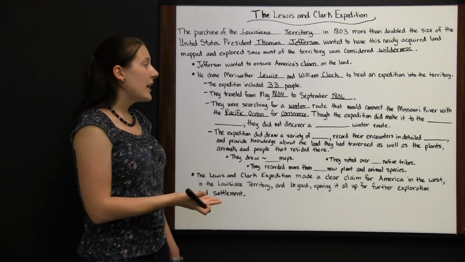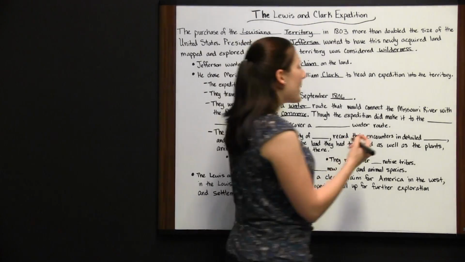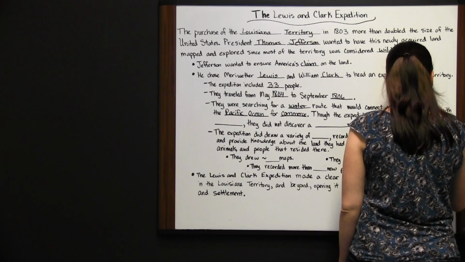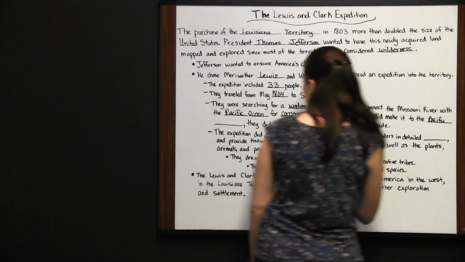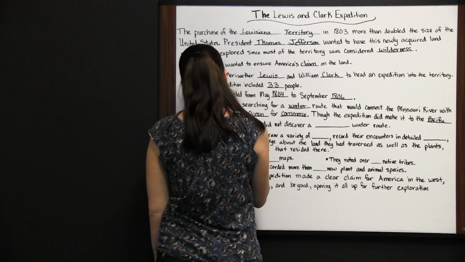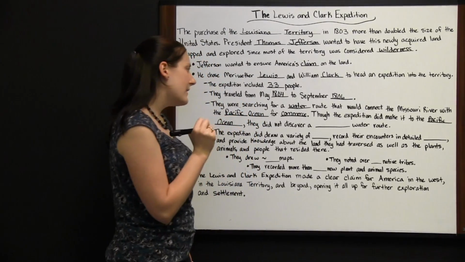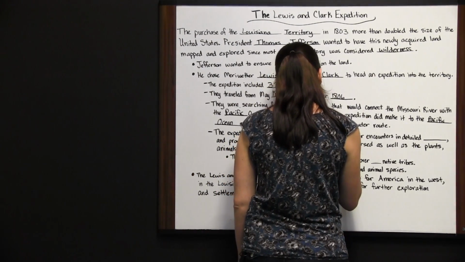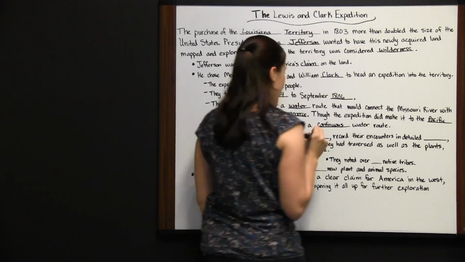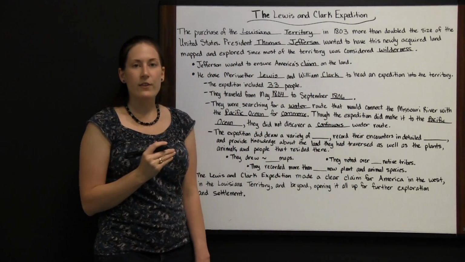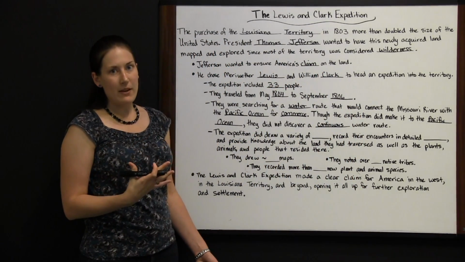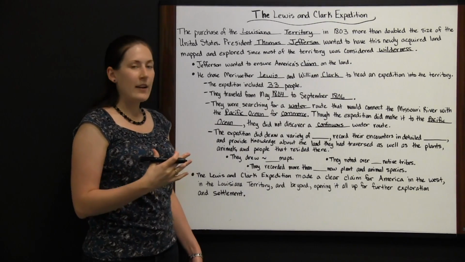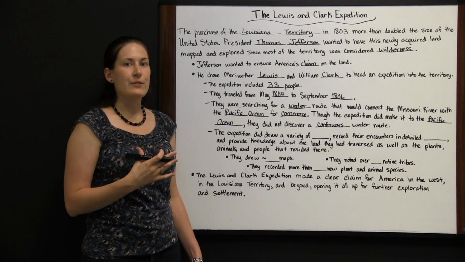Though the expedition did make it all the way to the Pacific Ocean, they did not discover a continuous water route. So they could go a lot of the way on rivers, but there were the Rocky Mountains in the way and some other areas that cut off one water source from the next.